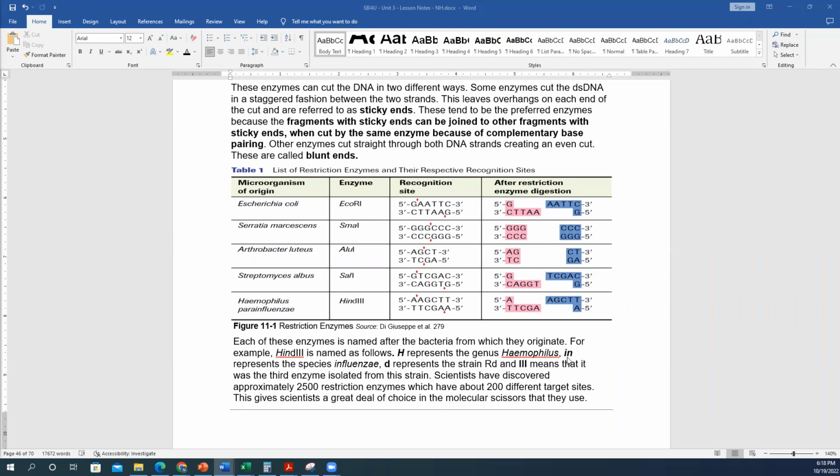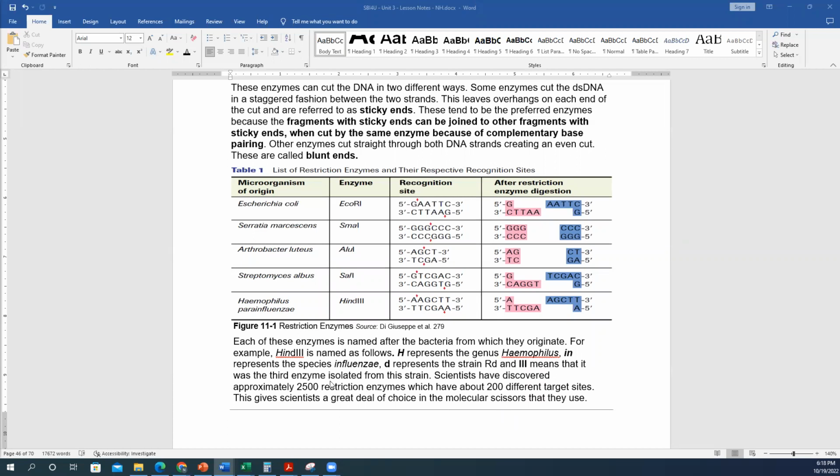The IN part of HIN represents influenzae. The D represents a specific strain, the Rd strain. And the number 3 means it was the third enzyme isolated from this strain. So there's HindI, HindII, HindIII, and each has a different recognition site that gets cut by its specific enzyme.